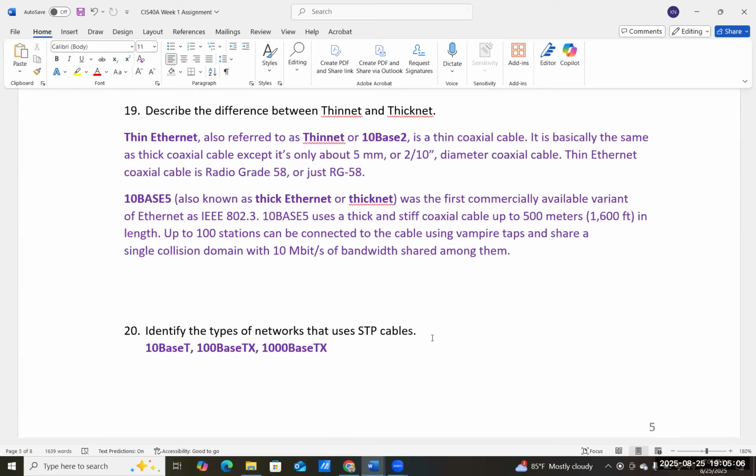And then you have STP, which is shielded twisted pair. So what's the difference? If you cut open an Ethernet cable, a shielded twisted pair has a foil wrap before the plastic coating.